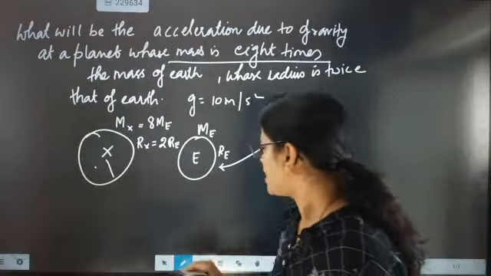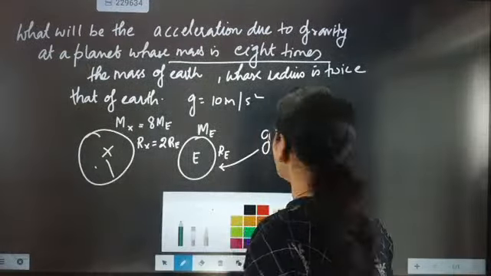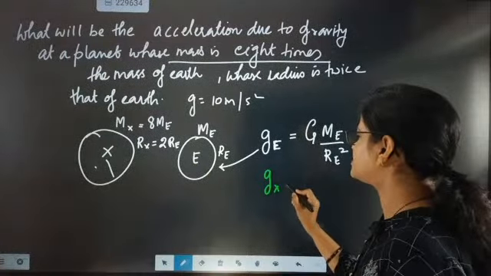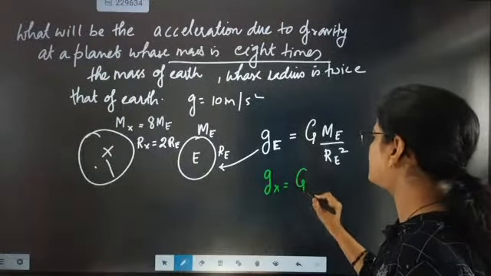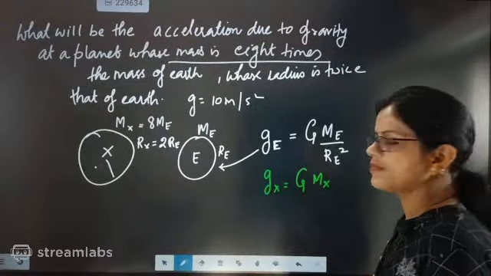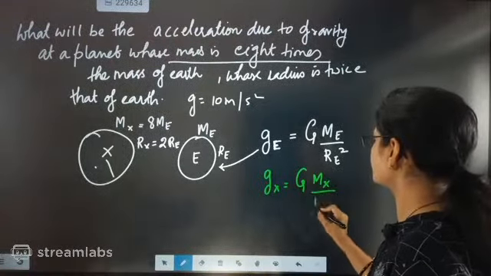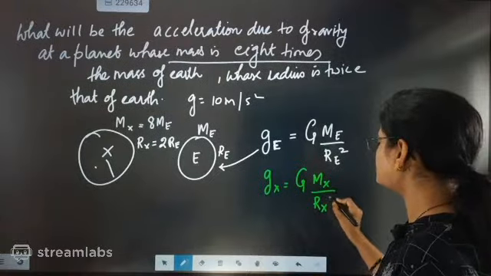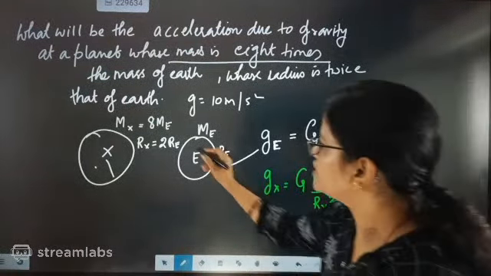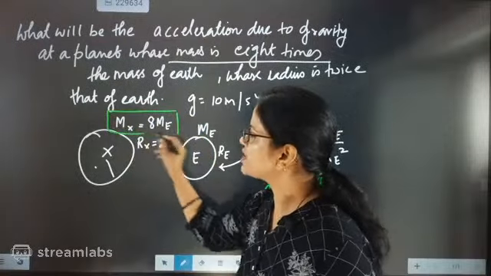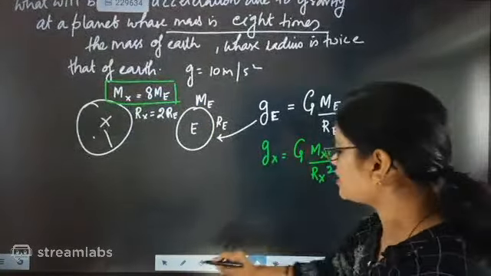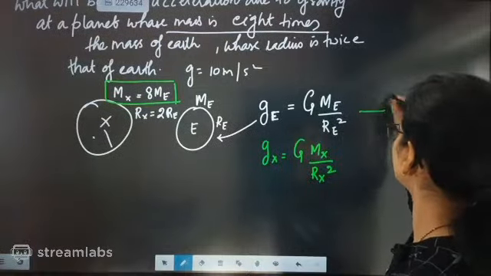So what will be the acceleration due to gravity for this planet? For planet X, the acceleration due to gravity will be G MX by the radius of this planet whole square. Take this as equation 1.